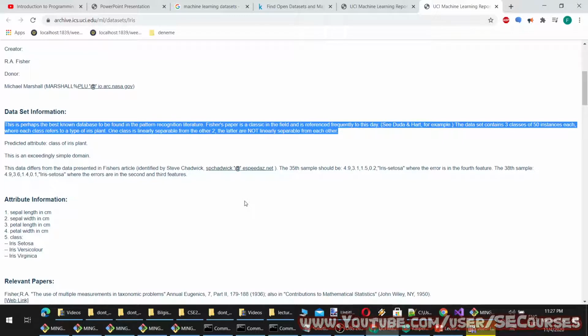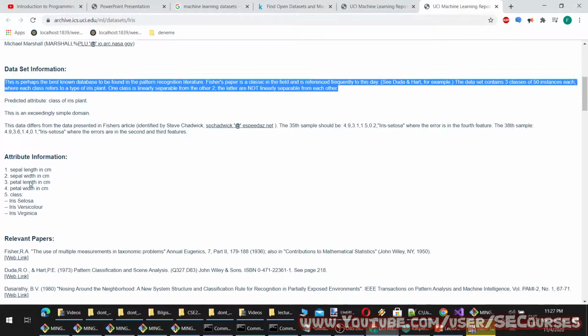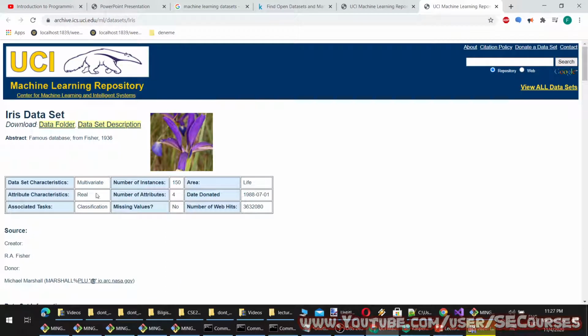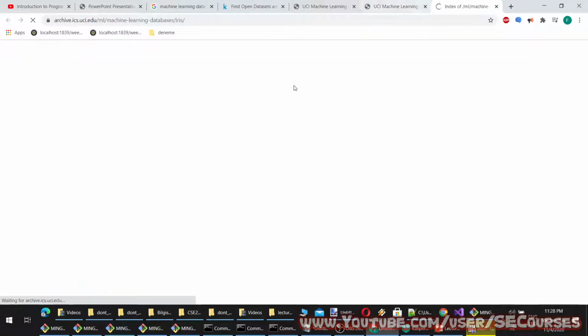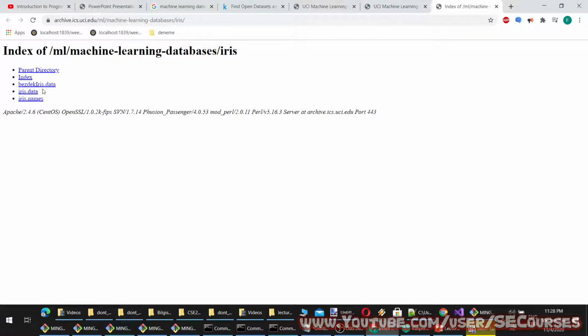The data set contains 3 classes of 50 instances each, where each class refers to a type of iris plant. One class is linearly separable from the other 2, the latter are not linearly separable from each other. Okay, so let's download the data of this data set.